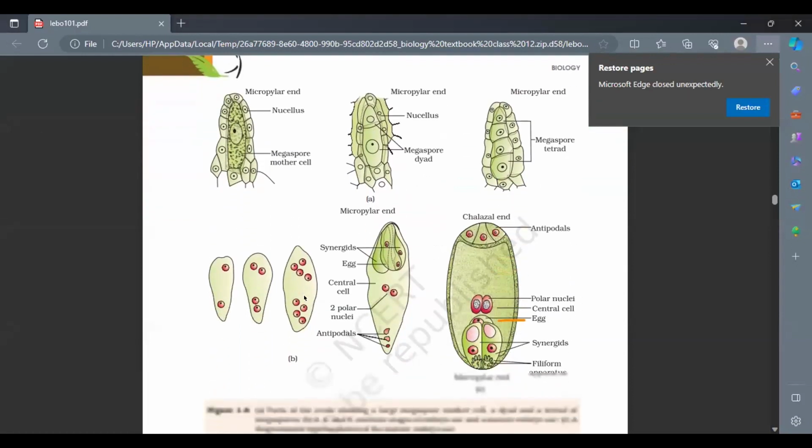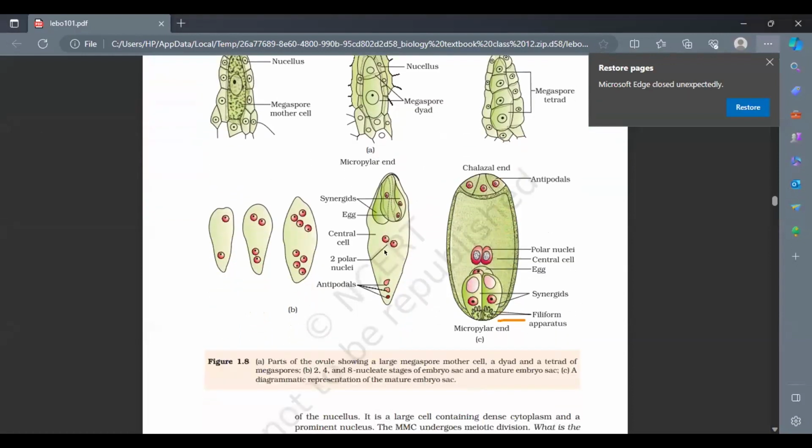I discussed this in my last lecture also: it is a structure that is eight-nucleated and seven-celled. I'll mention the numbers over here so that you understand. Now look at this region. This region is the chalazal end.